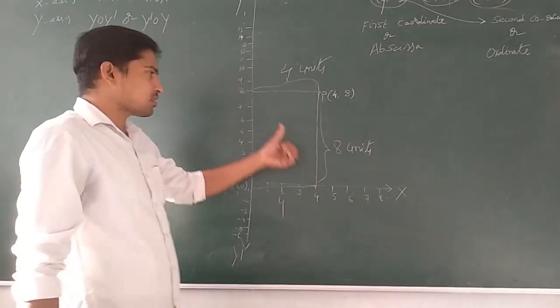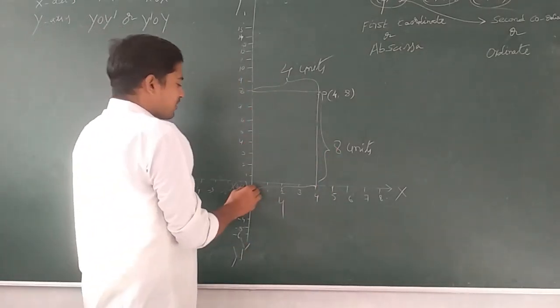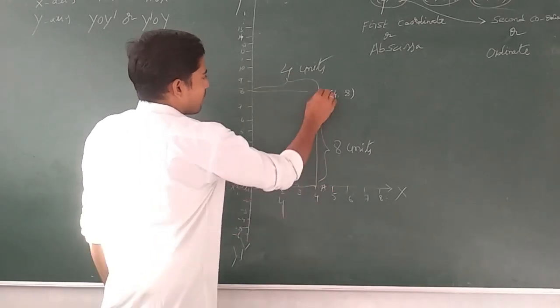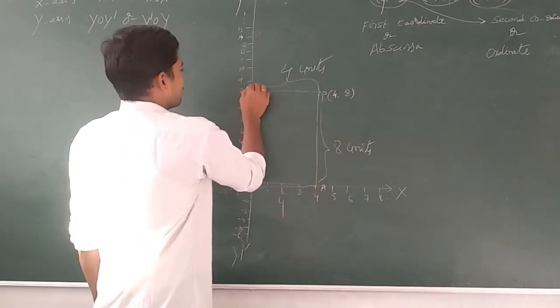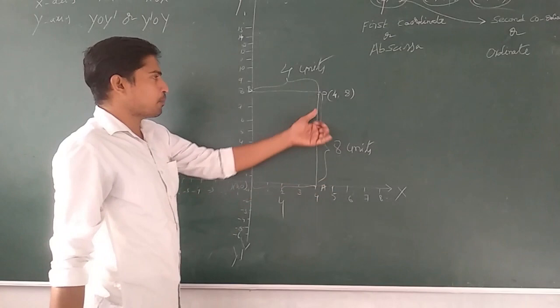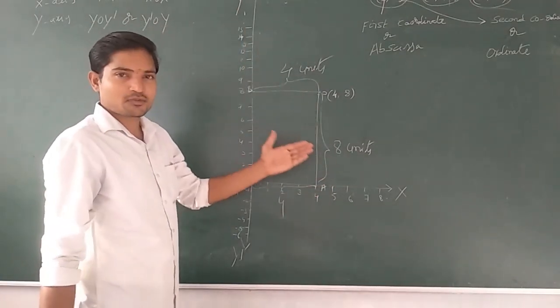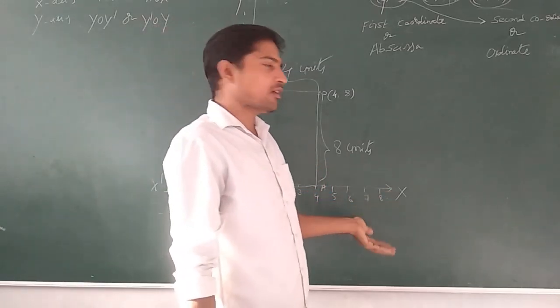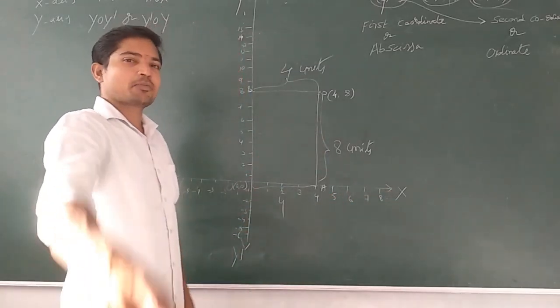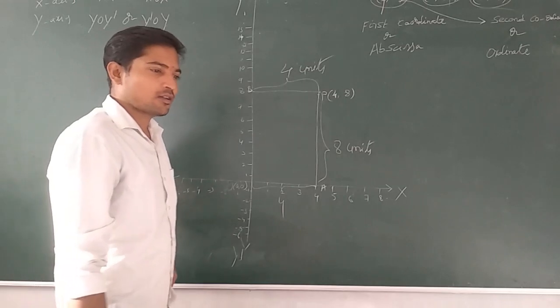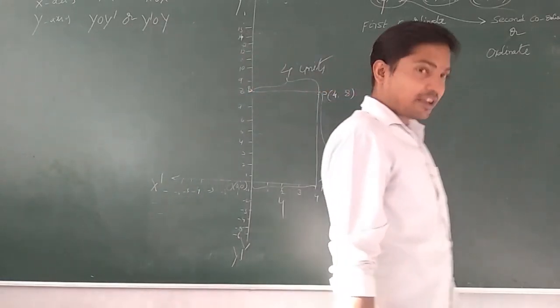This is 8 units. This is also 8. Let us give the names O, A, P, and B. Opposite sides are equal. All angles are right angles. Then which becomes a what? Rectangle.